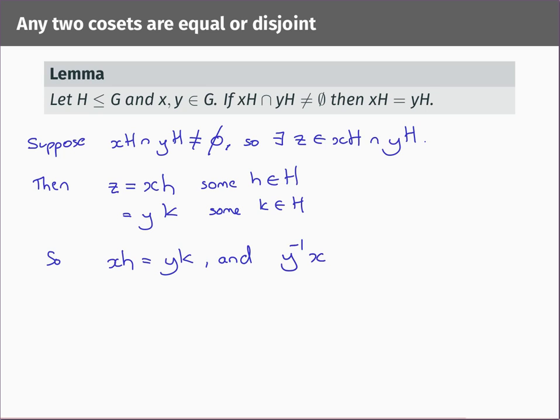I get y inverse xh equals, well, I cancel out the y on the right hand side of the equation and I just get k.